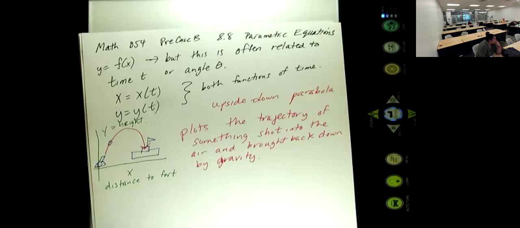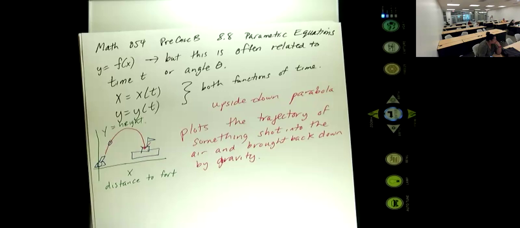But clearly, at any particular moment, if you were able to freeze time, that ball is not moving. It's got a specific x coordinate and a specific y coordinate based on time.